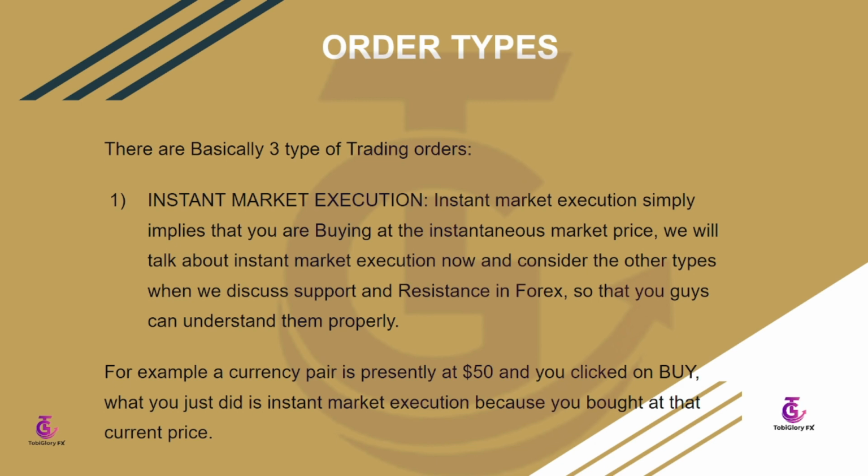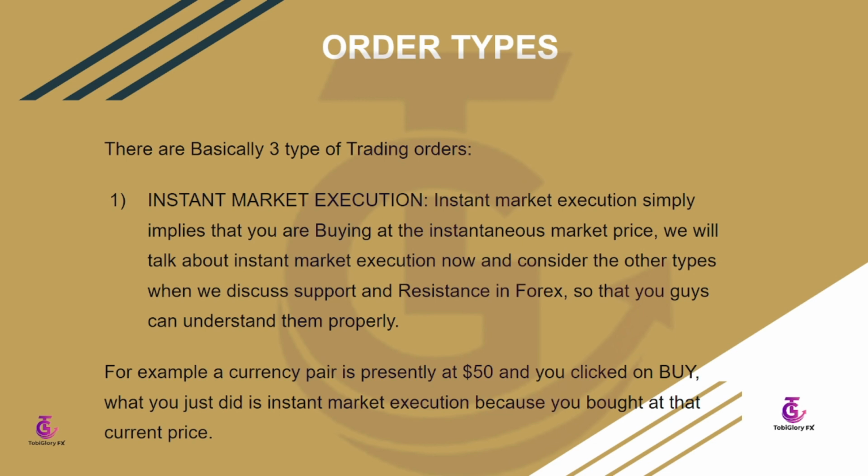Now let me talk about instant market execution. Instant market execution simply implies that you are buying at the continuous market price. We will talk about instant market execution now and consider the other types when we discuss support and resistance in forex, so that you can understand them properly.